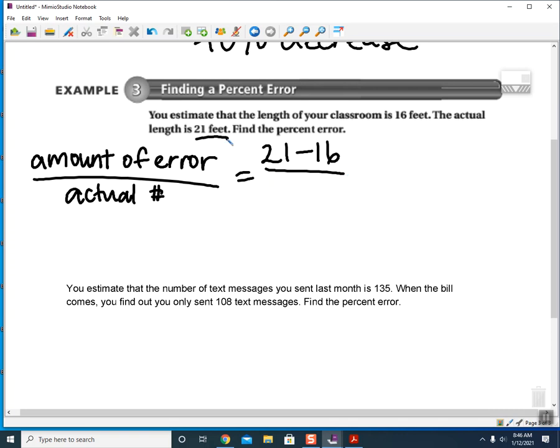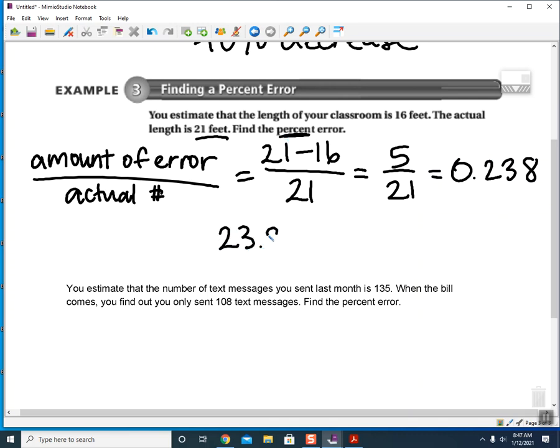And then divide it by the actual length. And that tells me that the actual length is 21 feet. So divided by 21. 21 minus 16, it's going to give me 5 over 21, which is going to be about 0.238. Okay, but I want the percent error, so it's going to be 23.8% error.